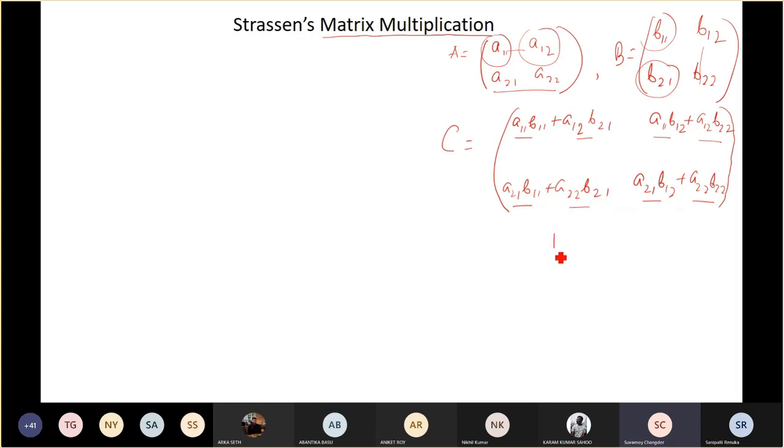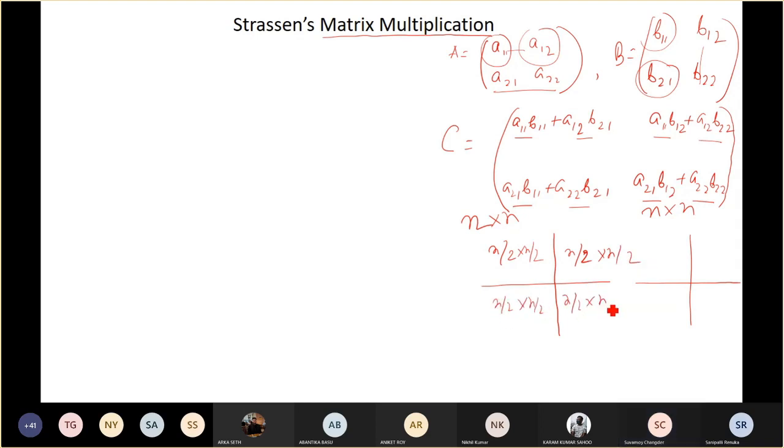Now think about two large matrices. What can we do? We can divide this. Let this be of size n cross n, and this one is also n cross n, for square matrices. We can divide this into n by 2 cross n by 2 blocks, and so on.